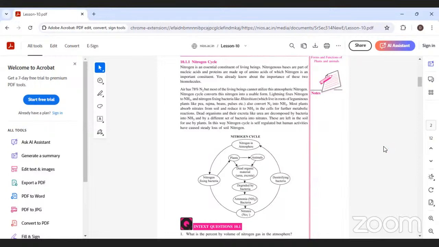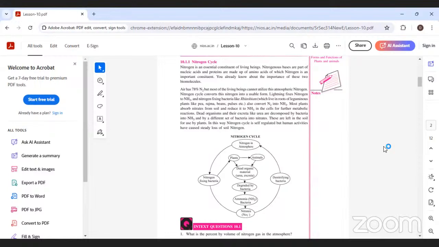After that, nitrogen, N2, is at last incorporated in plants as protoplasm, etc. It is converted into animal tissue, meaning animal proteins.